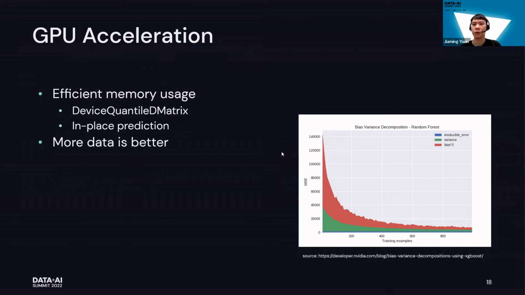Yeah, one thing about GPU support that sometimes people find inconvenient is that most often XGBoost consumes too much GPU memory. And GPU memory is also more precious than CPU memory. The problem is that gradient boosting is not a stochastic algorithm.